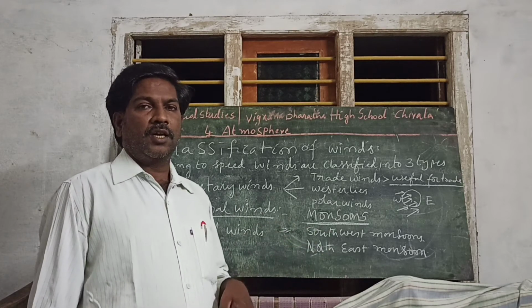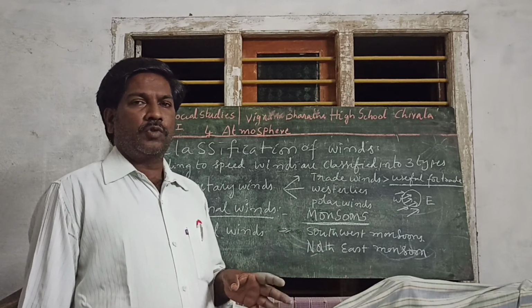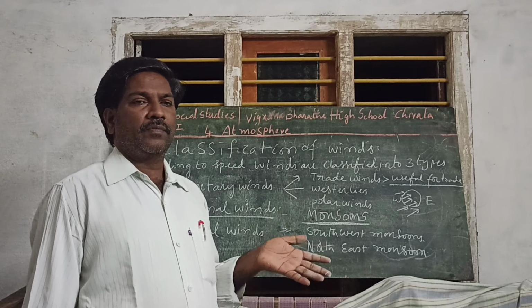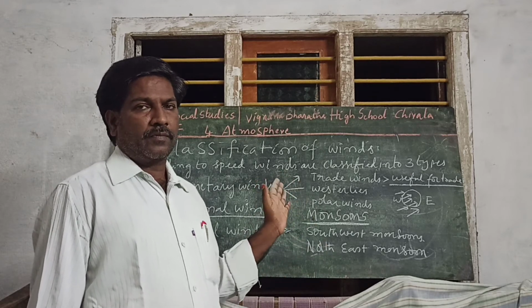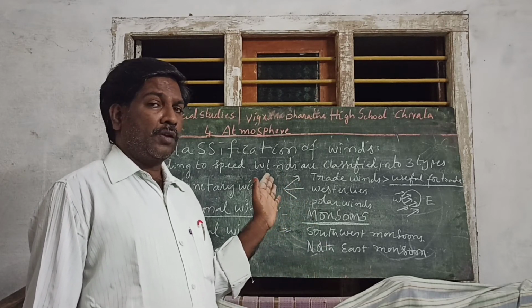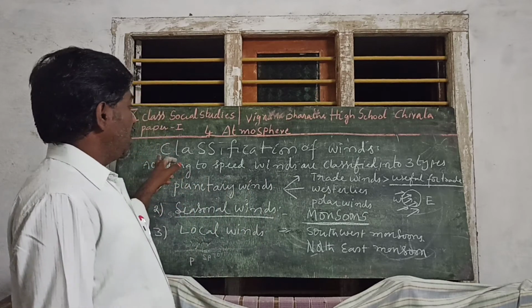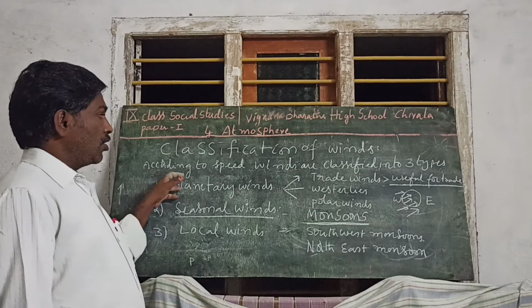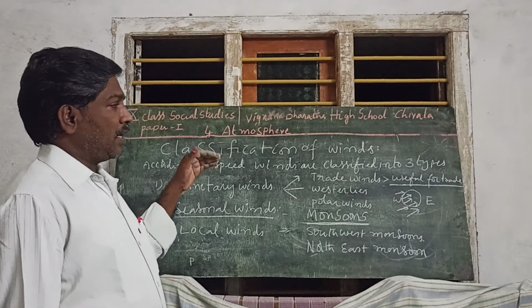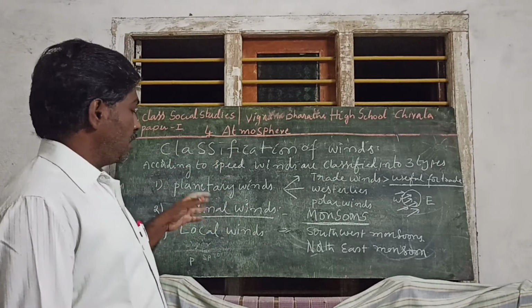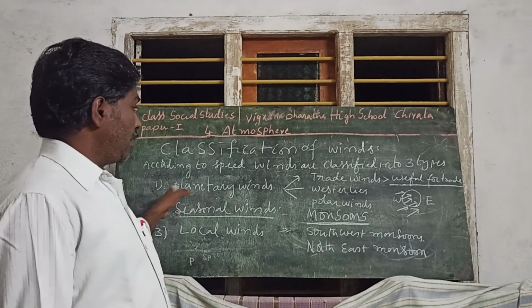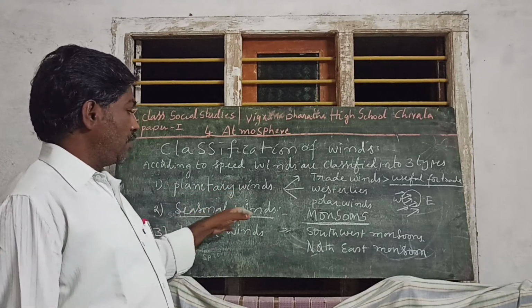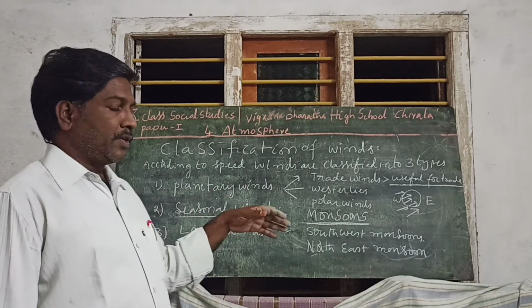Okay students, what I explained is the most important here. Today I explained the classification of winds. According to speed, the winds are classified into three types: number one planetary winds, number two seasonal winds, and number three local winds.